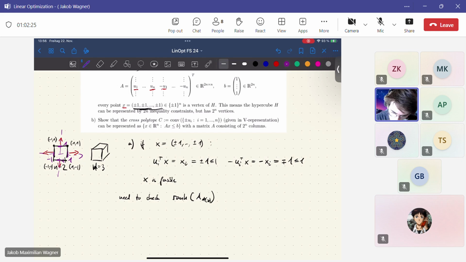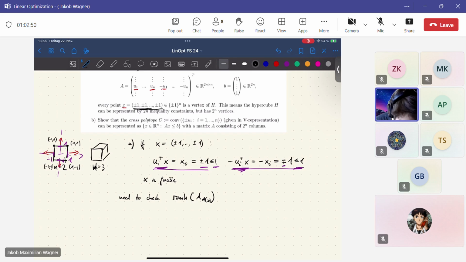And from those conditions, we know that either the constraint with u_i, there we have a +1 and we have equality to the right-hand side. Or if that's not the case, if we have a -1 here, then in the minus u_i inequality, we get the plus here, and then we have equality here.